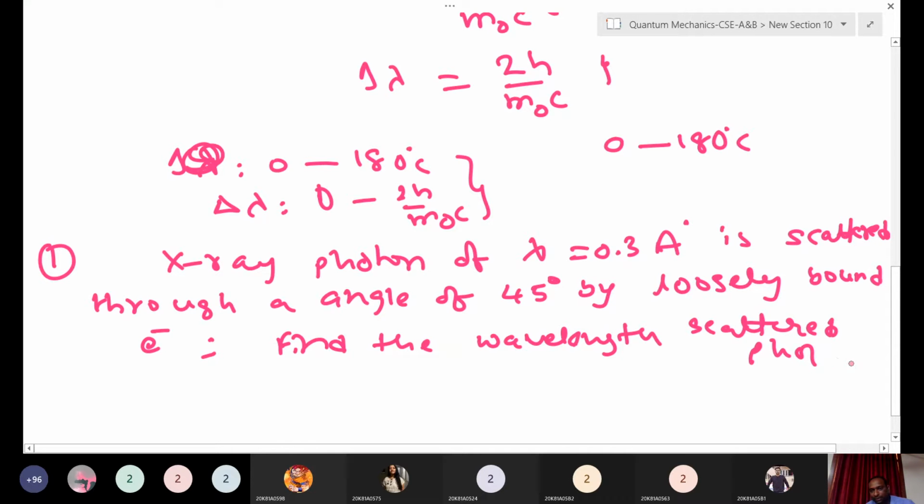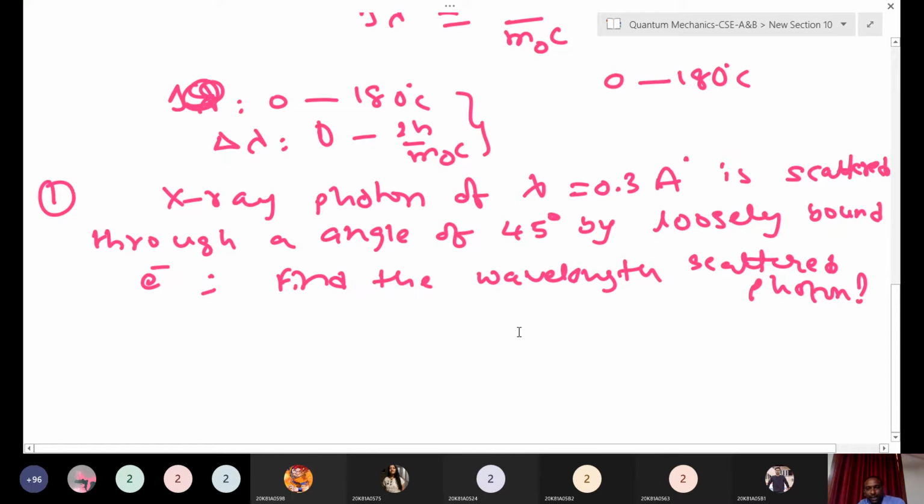Okay, what is given here? So the problem is we are making an X-ray photon of wavelength 0.3 angstrom incident, and this photon is scattered through an angle of 45 degrees by a loosely bound electron. Then what is the wavelength of the scattered photon? Please read the problem: what is given, and what do we have to find?